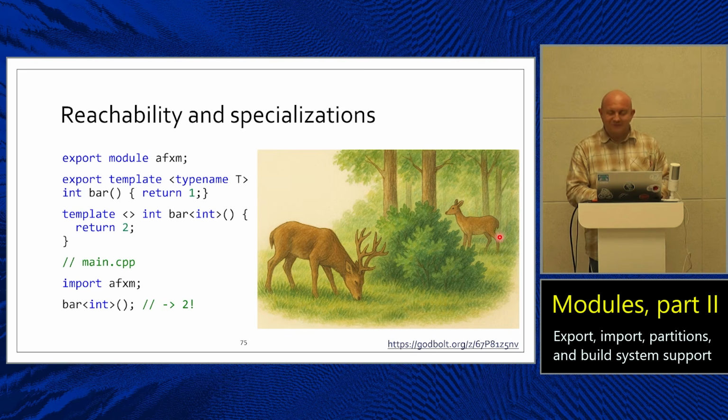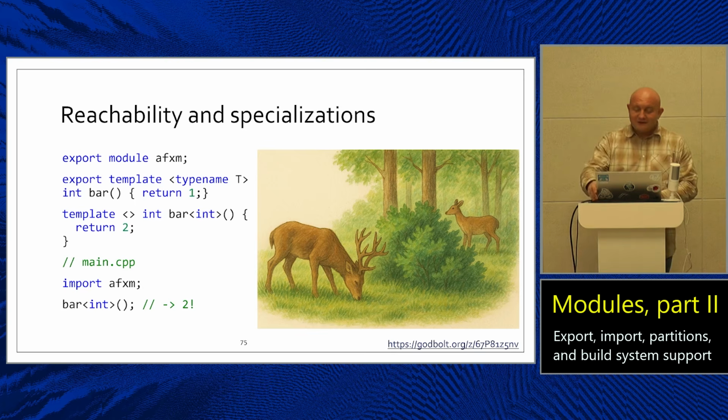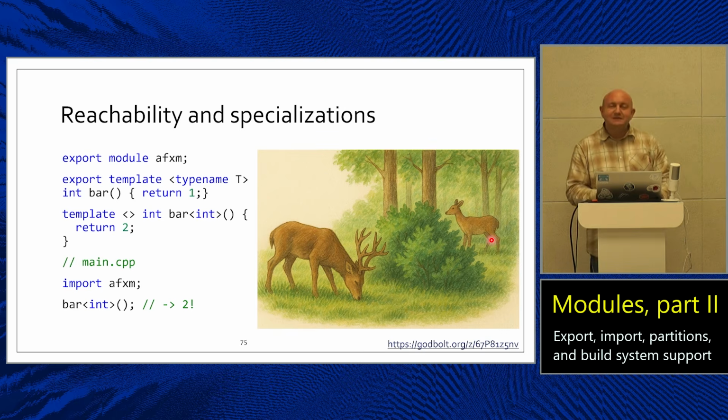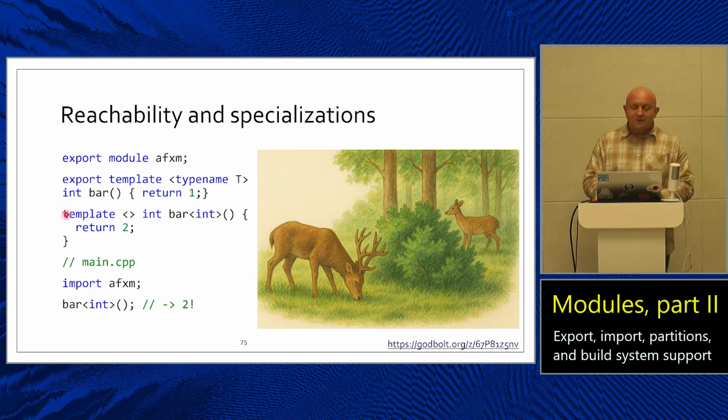She's still reachable. You can see the path leading right to her, and that's exactly how it works here. The specialization may be invisible to name lookup, but since it's reachable, the compiler can still find and use it. So when we call bar of int, there's no point trying to instantiate a new one. The existing reachable specialization will be chosen, even though it is hidden from normal lookup.